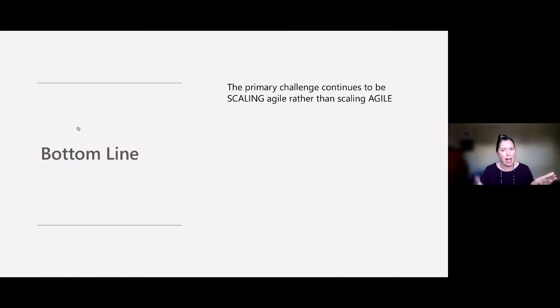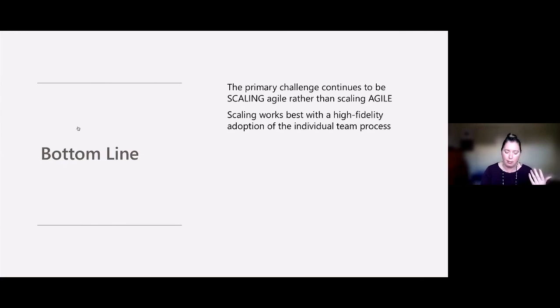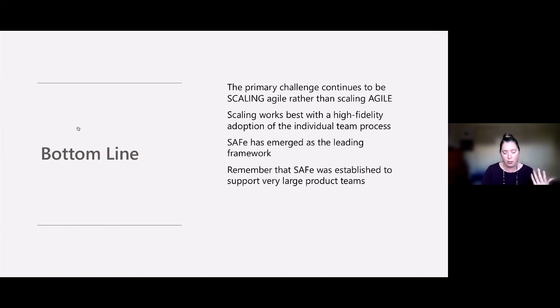In many ways, agile teams, high fidelity agile teams, make the problem a bit easier because the components that we're building on are high quality, but do recognize that you're going to want to build on a high fidelity baseline, and you're going to want to then add the pieces that make sense. And that may be SAFe because SAFe really works for you and it's a good fit for you.